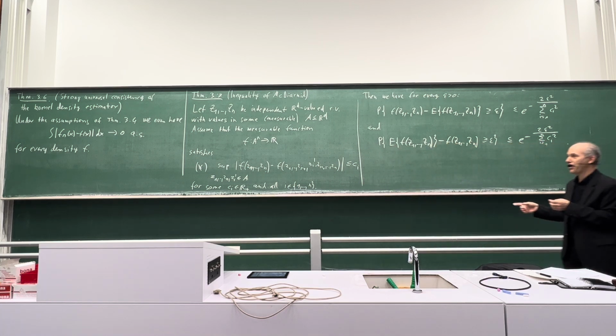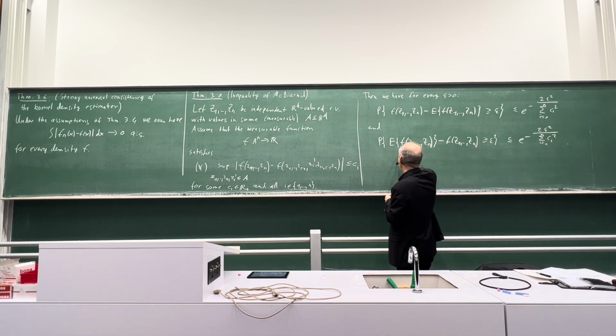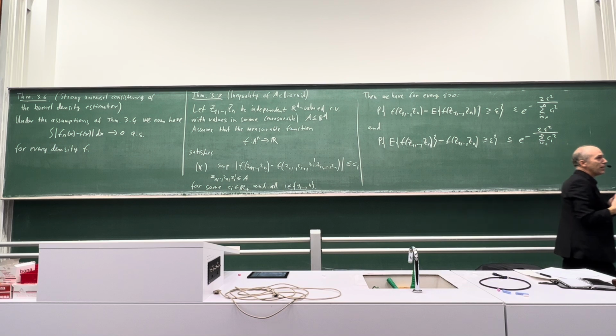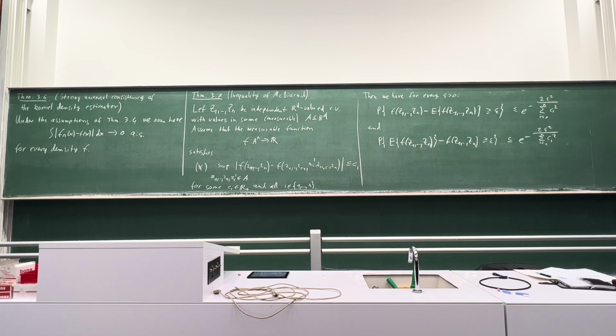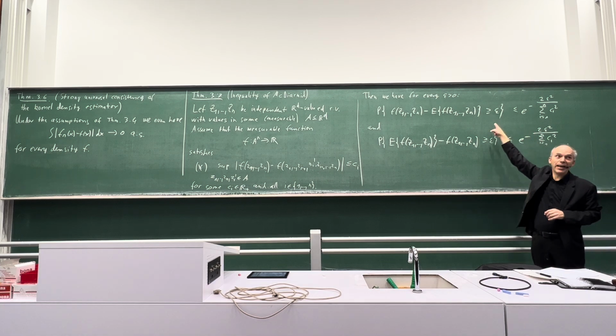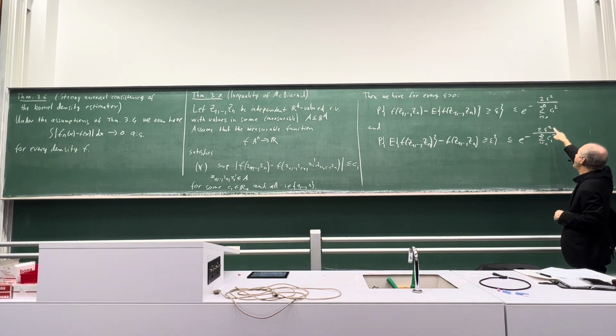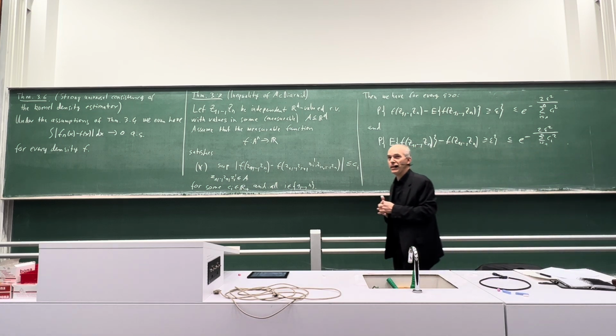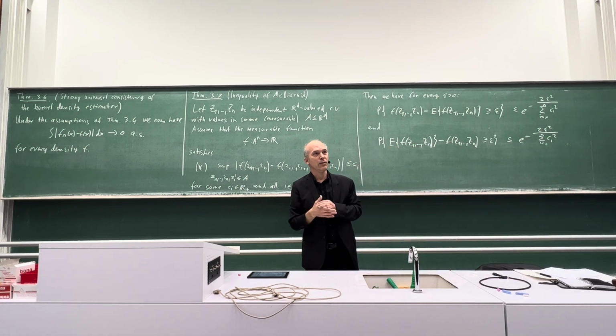So ci is bi minus ai. So I have the probability that the sum of the zi's minus the expectation of the sum is greater or equal than epsilon. Hoeffding is formulated such that the arithmetic mean of the zi minus the expectation of the arithmetic mean is greater or equal than epsilon divided by n. Then you plug in epsilon divided by n, and for the ci you plug in bi minus ai, and you get exactly the inequality of Hoeffding.